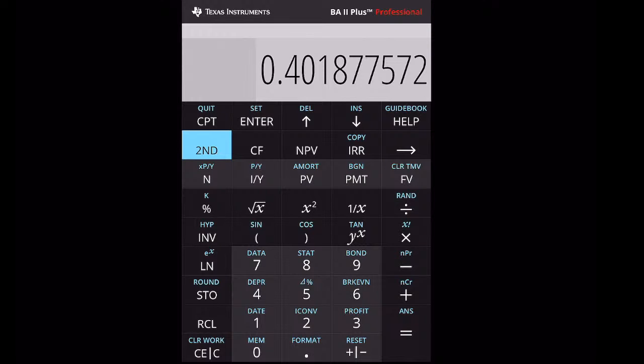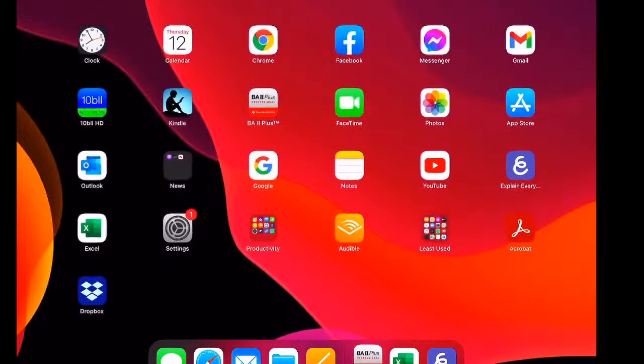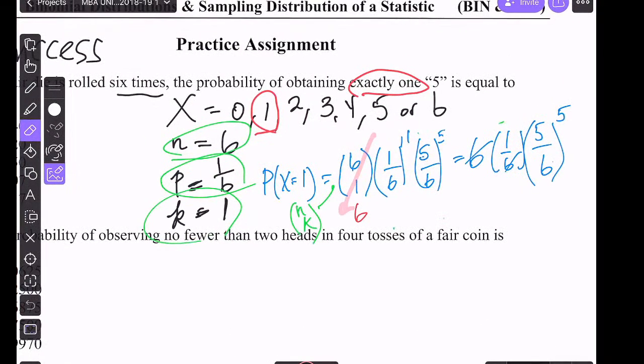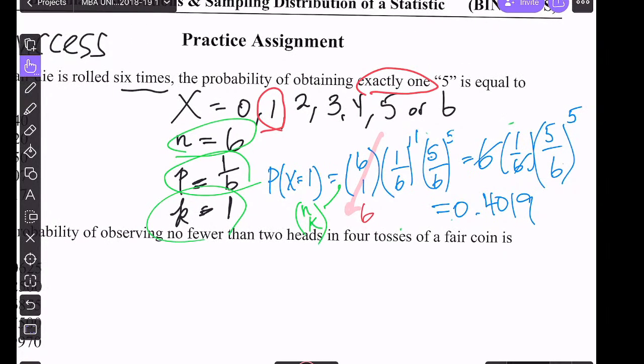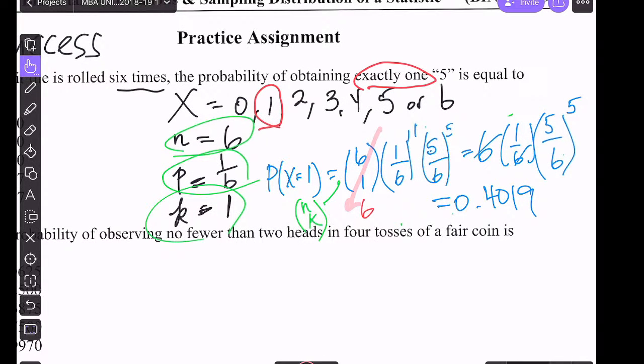So 0.4019 would be the answer. So the answer is A. Good. Let's do a few more, and then we're going to go for the night. And I'm going to leave you to work with the homework on this topic.